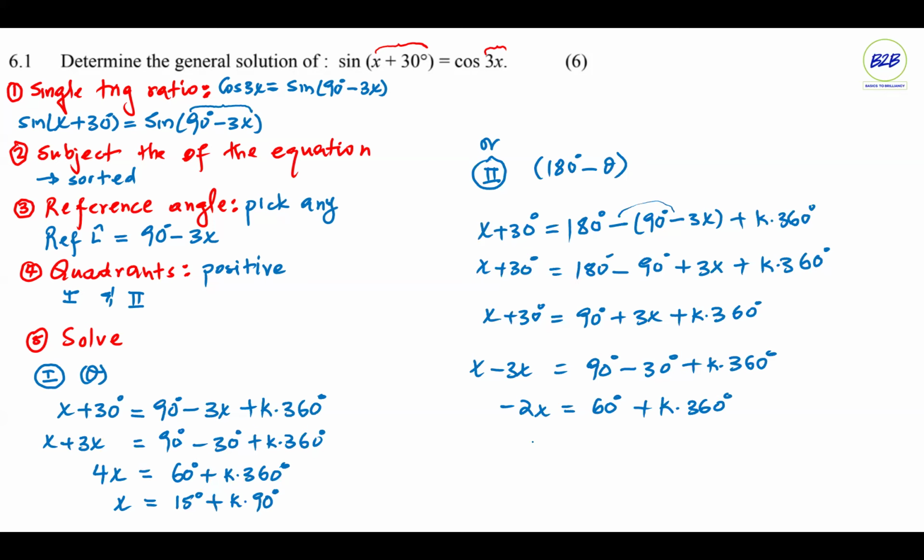All right. Then we divide on both sides of the equation by negative 2.